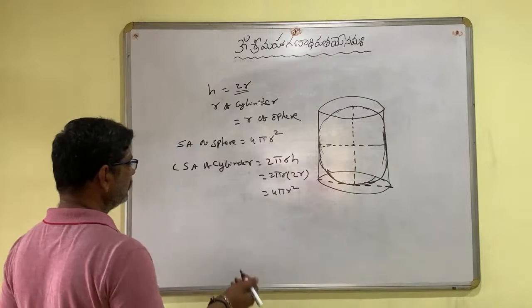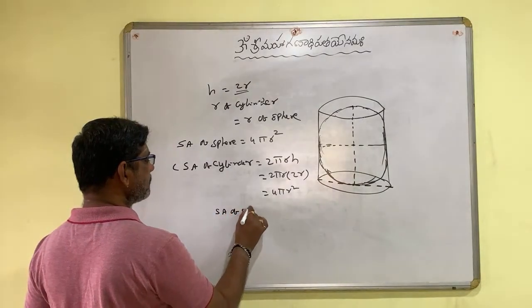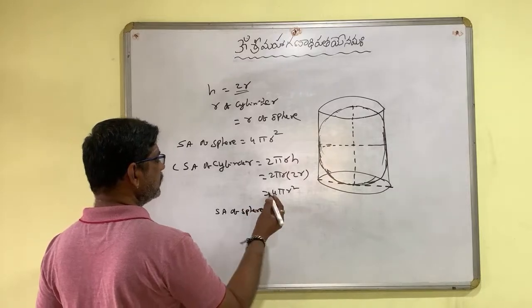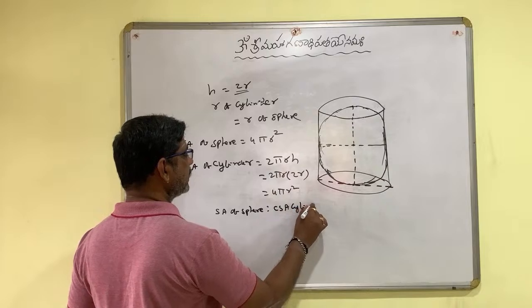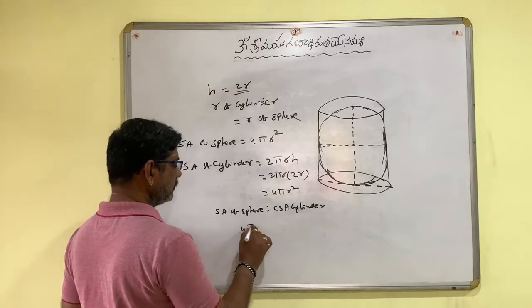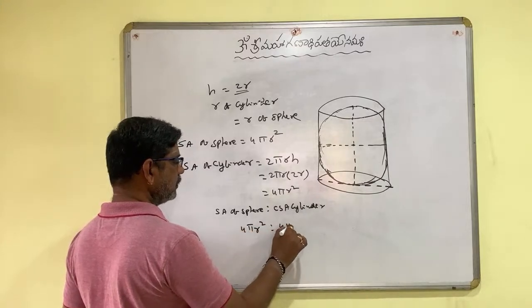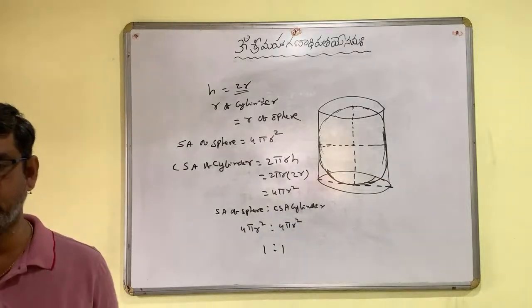Now the surface area of the sphere and the CSA of the cylinder, their ratio is nothing but 1:1.